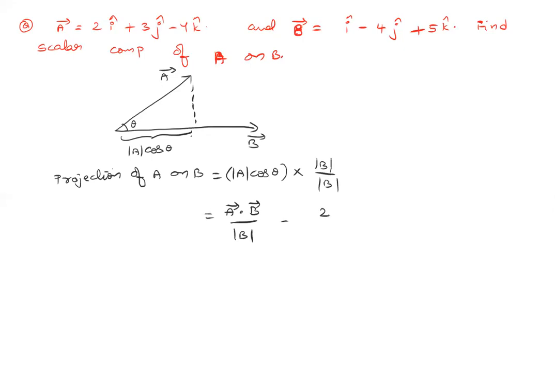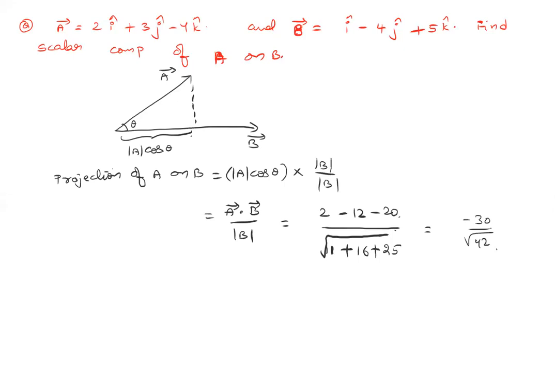That will give you 2 minus 12 minus 20 whole divided by mod b, which is under root 1 plus 16 plus 25. So 25 plus 16 plus 1 gives around root 42, and the numerator is minus 30, so minus 30 by root 42 is your projection of a on b.